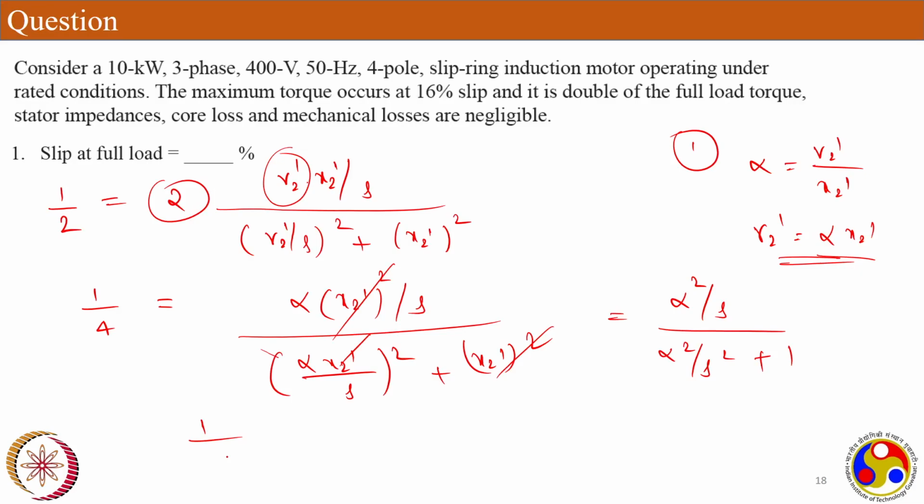If you substitute alpha equal to 0.16, you will be left with a quadratic equation: S squared minus 0.64 S plus 0.0256, where 0.0256 is 0.16 square, is equal to 0. Now, if you solve this for S, you will be left with 2.